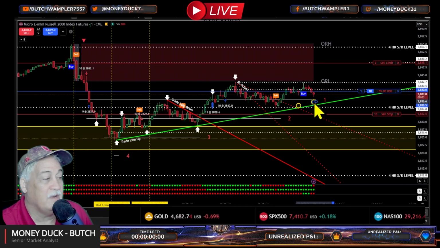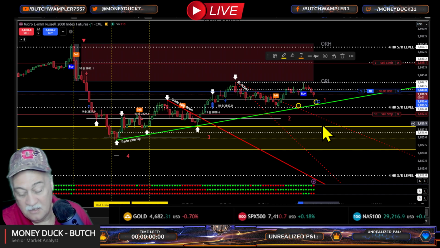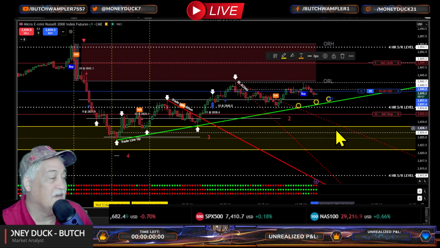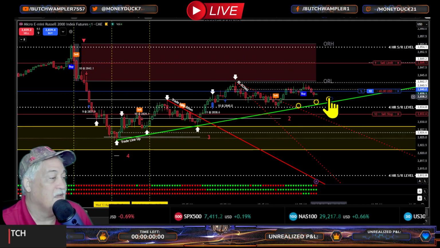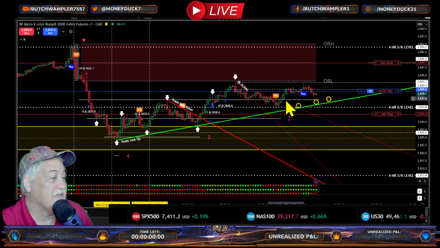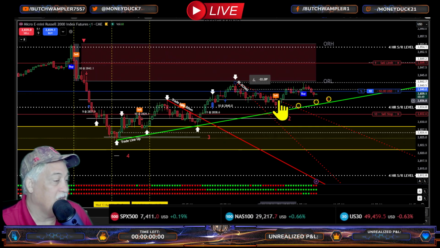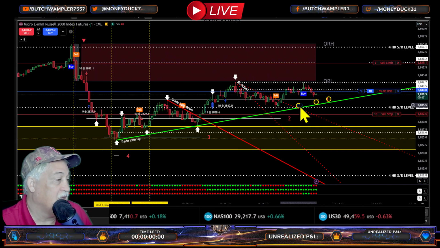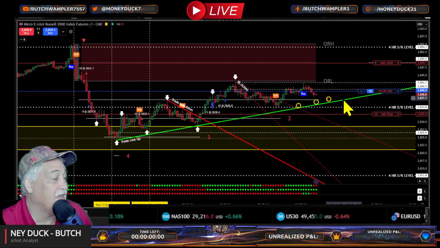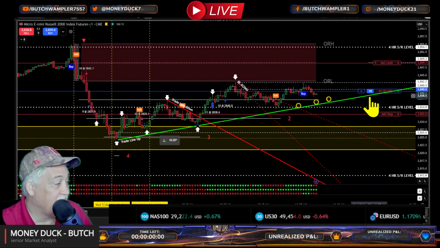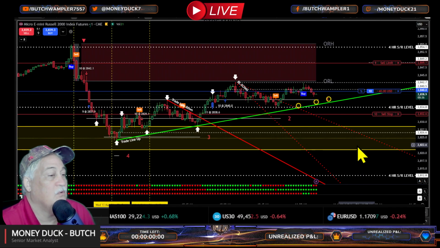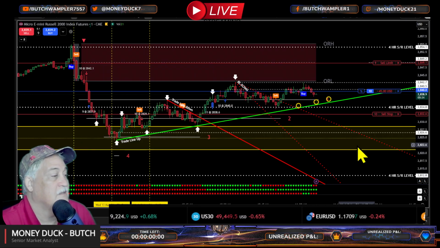You can drop off as many of these as you want. But just because it broke through and didn't pull back and test over in here does not mean it won't come back to that green line and test it somewhere. So that being said, don't let it surprise you when it does.